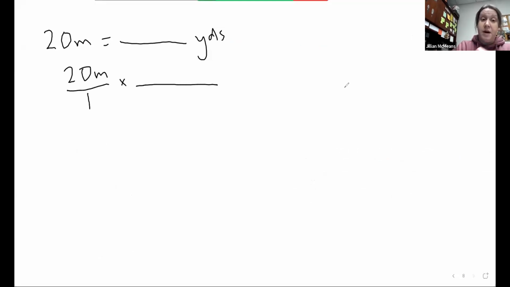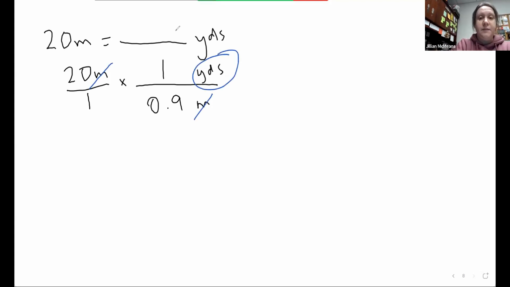We then want to multiply by a unit fraction that relates meters and yards. Notice where I put meters, notice where I put yards. I want the meters to cancel top to bottom. That's why I put meters in the denominator. And we have that 1 yard is approximately 0.9 meters. All right, so let's clean things up a little bit. Notice the meters cancel. I'm left with yards in the numerator. When I clean it up, my numerator is going to be 20 times 1 yards.